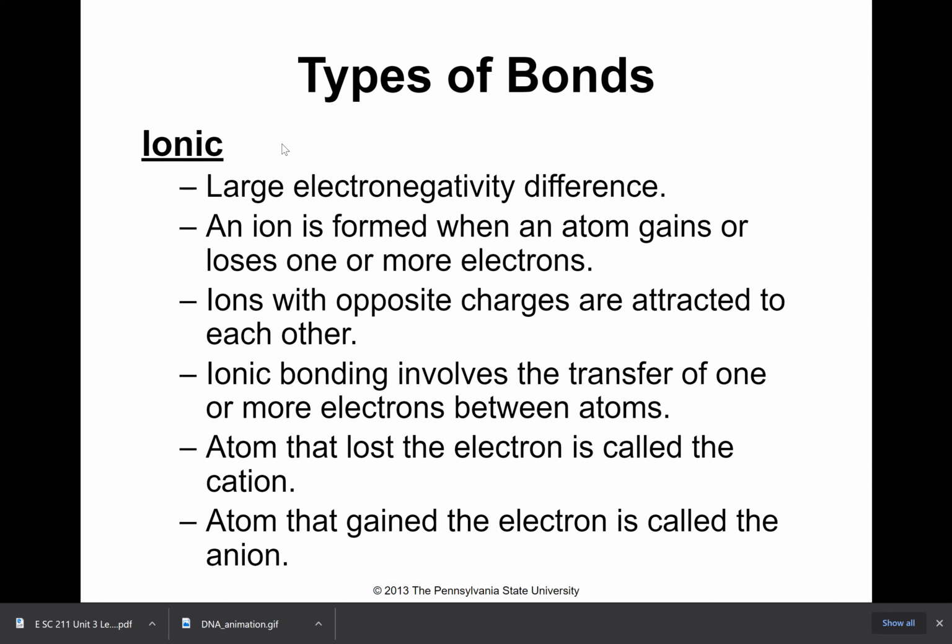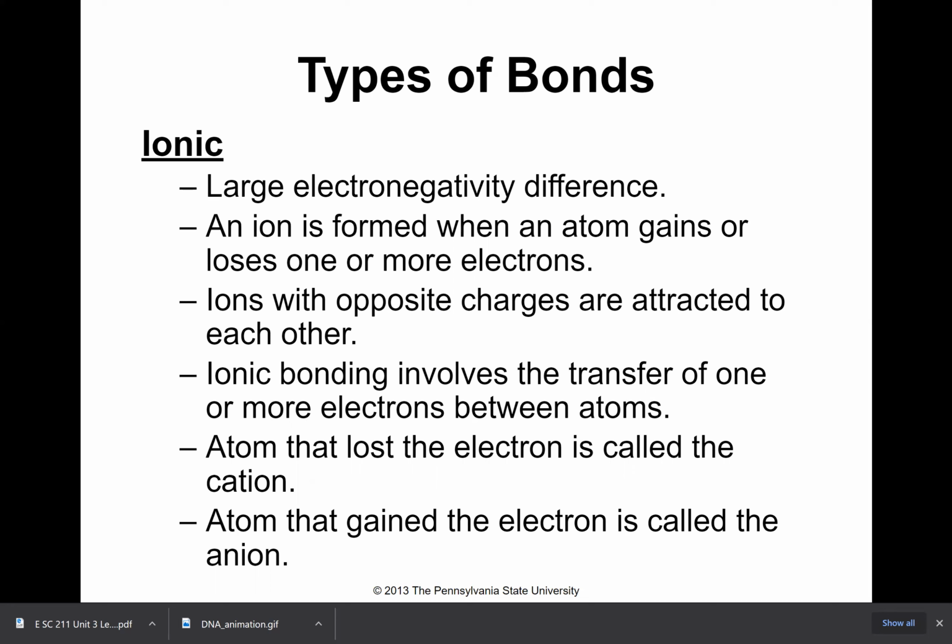Ionic bonds, we talked about them transferring the valence electrons. So ionic bonds have large electronegativity differences, meaning that one atom has a very high electronegativity and the other atom that it's bonded to has a low electronegativity. There's a number for electronegativities, and if you subtract those two numbers, the difference is larger.